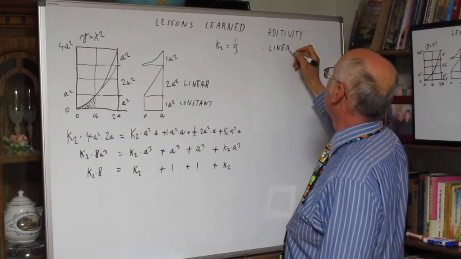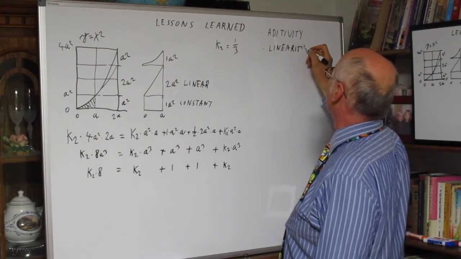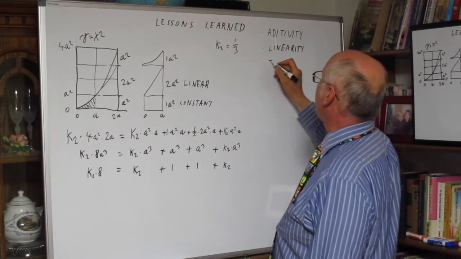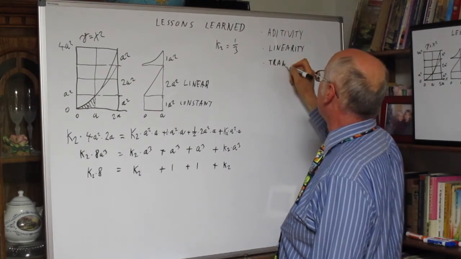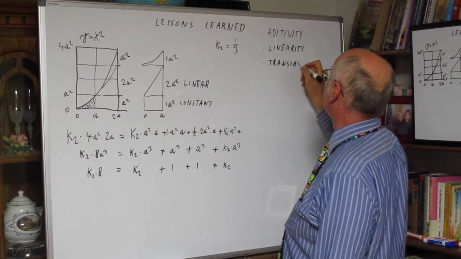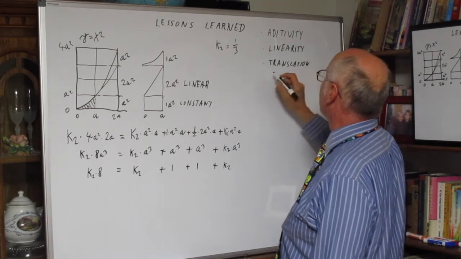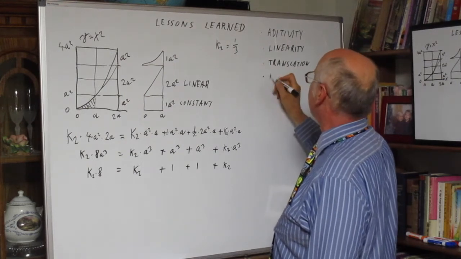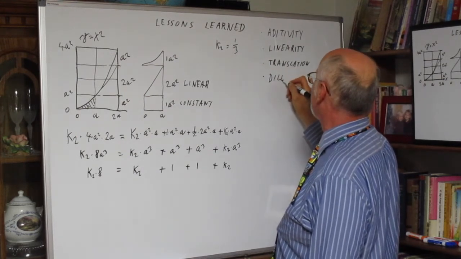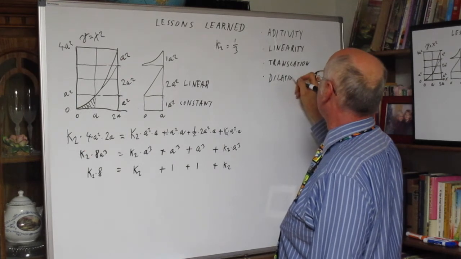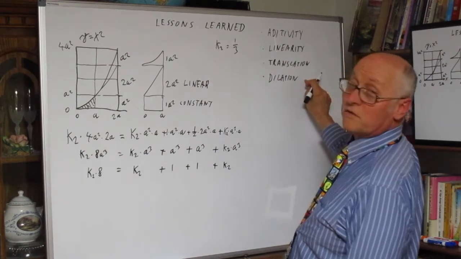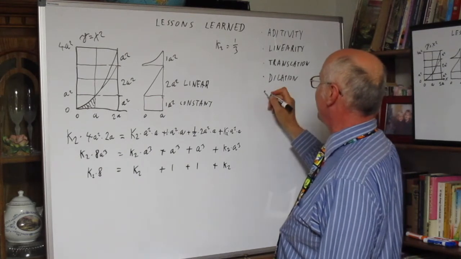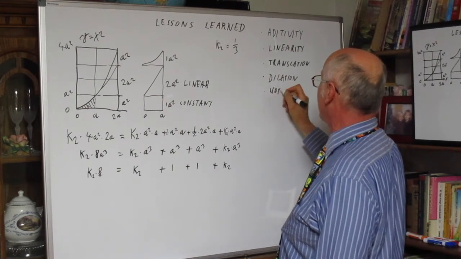Linearity, translation, which is a big one. That's the one that I needed. Dilation, and this one matched closely to my rubber band geometry, so I picked up on that. And then normalization.